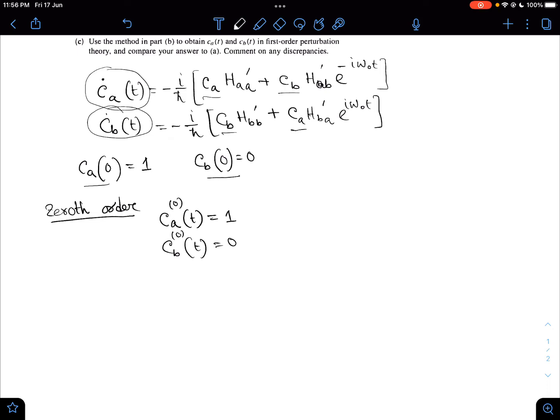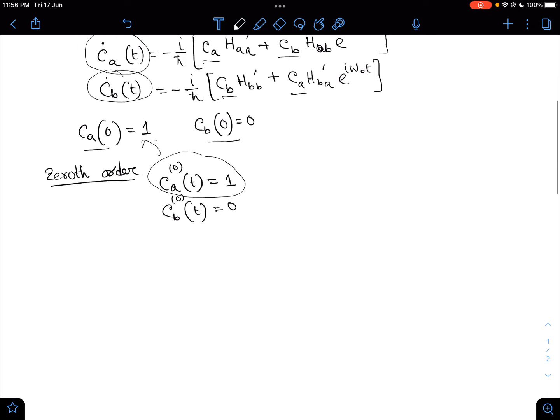No matter after how much time you observe, the system will always be in the ground state. To allow transition, there should be a time dependent perturbation. But in zeroth order, lambda is 0 and the time dependent part of the Hamiltonian is not present. That is why at any time the system remains in the state where it is initially. So we have c_A(t) to be 1 and c_B(t) to be 0.